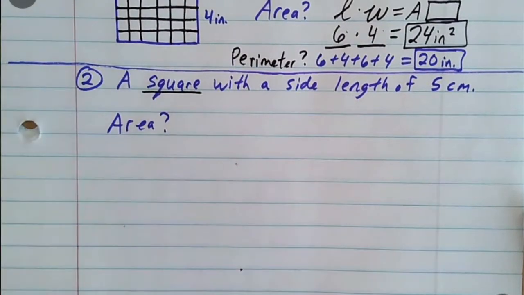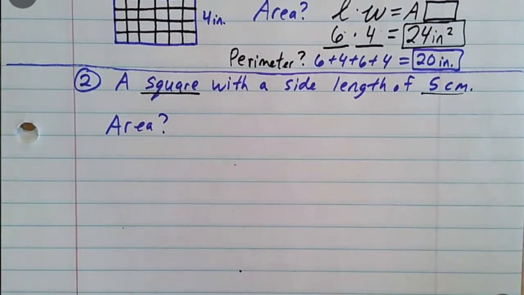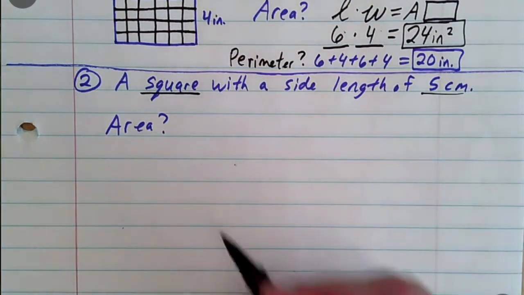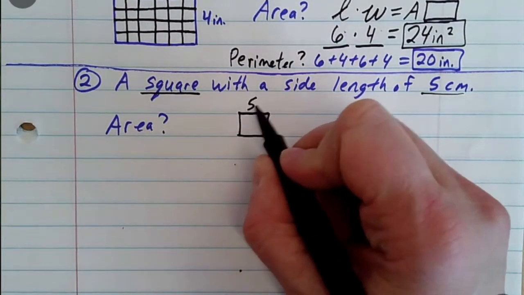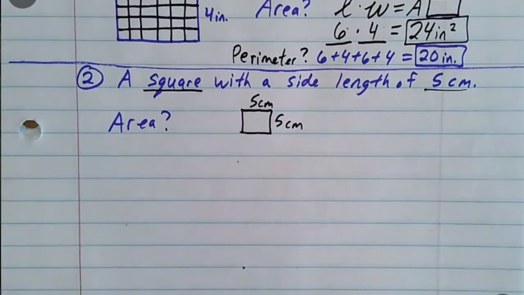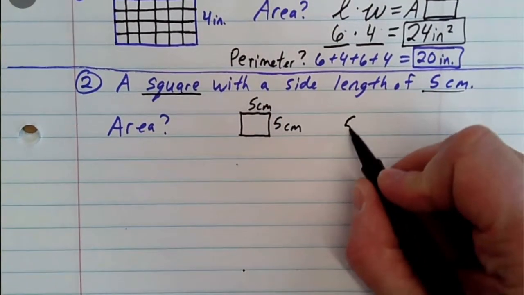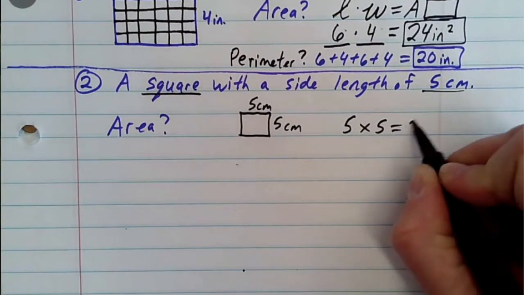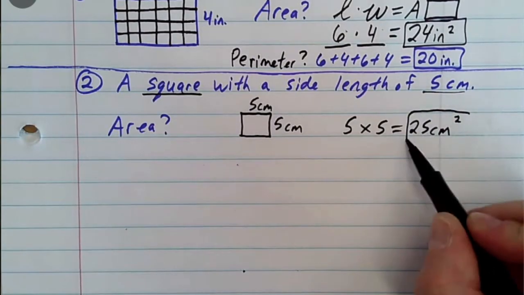You've got the side length is 5 centimeters. So how do you find the area? If I were to draw a square to help me visualize this, this is 5 centimeters, this side's 5 centimeters. Do I need to keep labeling 5 centimeters all the way around? Not really, because for area, you just take 5 times 5 to equal 25 centimeters. And again, you're going to label this square because area is always labeled square.